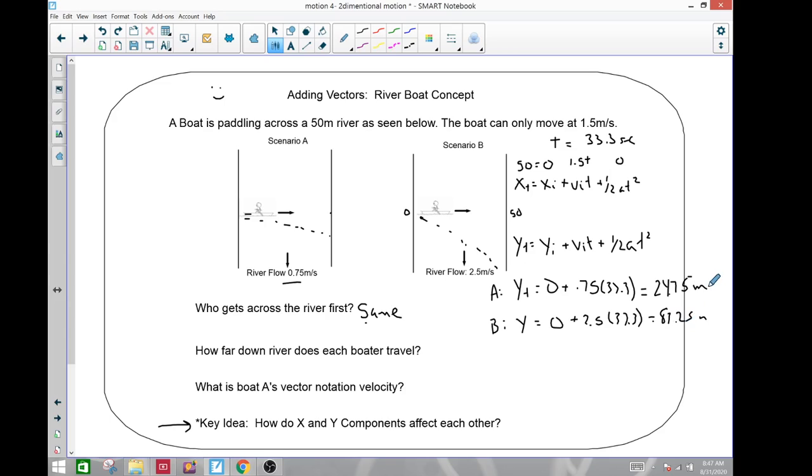The last thing we have is, what is boater A's vector notation velocity? I sometimes call it the inline velocity. Like, what's the actual inline velocity? Now we have a velocity going this way that is 1.5, and a vector going this way which is smaller, 0.75.